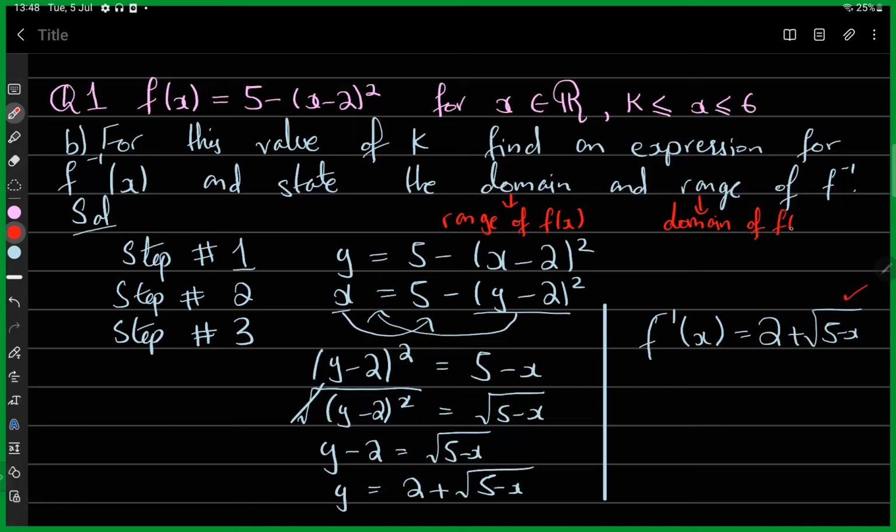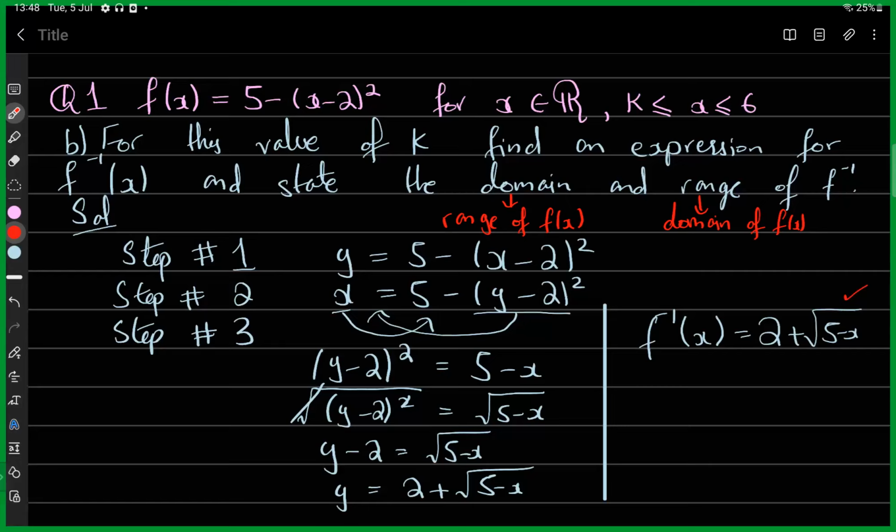This is a rule, okay? Whenever you are asked to state the domain and range of an inverse function, you're not supposed to waste your time and do everything for the inverse function. No, because you cannot. What you can do is find the domain and range of the actual function.